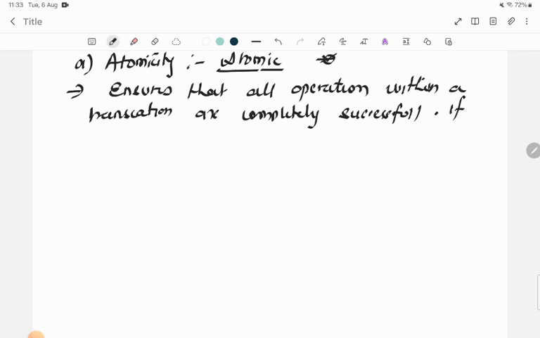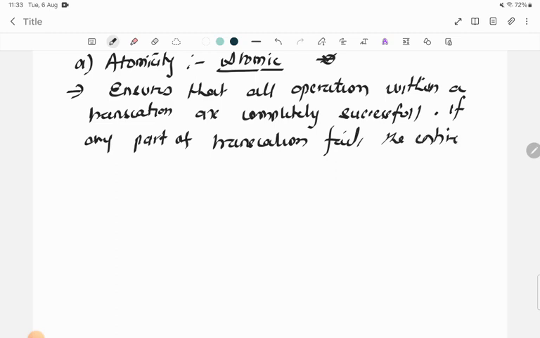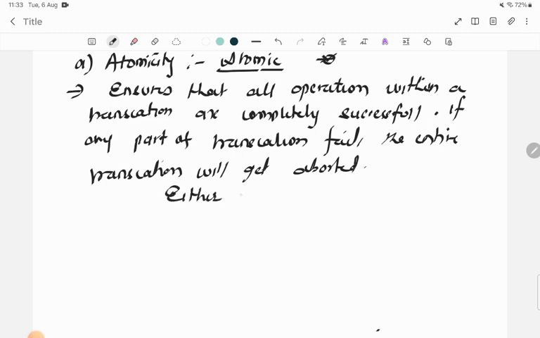Okay, it means that if any part of the transaction fails, the entire transaction will get aborted. It also tells us either complete or not. It means that if you start any transaction, it should either be completed or it should not happen.